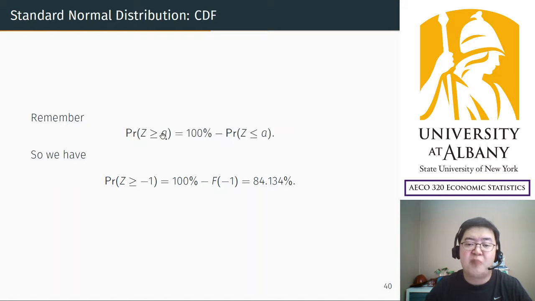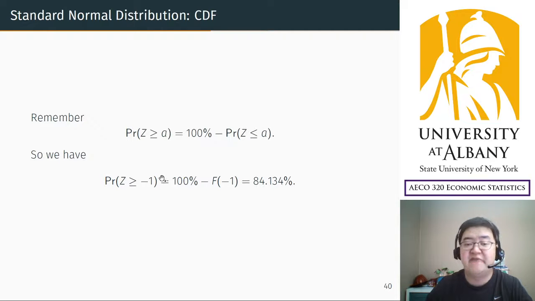Then if you put minus 1, then probability smaller than minus 1 is the cumulative probability at minus 1. And this is what Excel tells you. Excel does not tell you this probability. It does not exist in Excel.